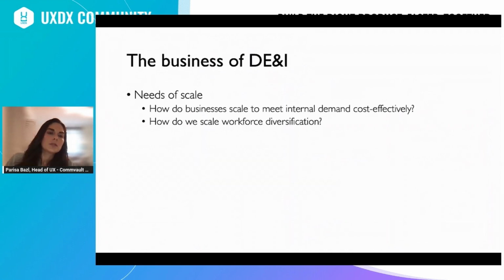So when it comes to my duties as a UX leader, I'm a big believer in two things. The first is that it is my responsibility to achieve scale across an organization. That means that I need to make the design team as effective as possible while also keeping costs as low as possible.